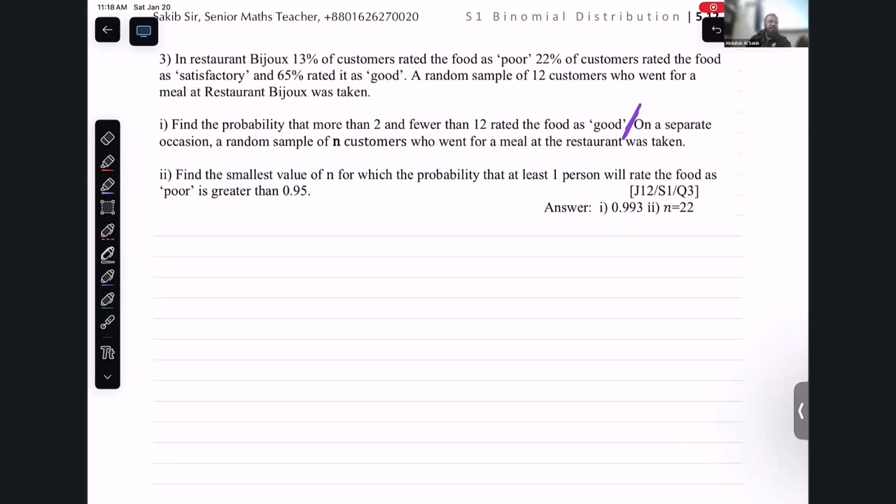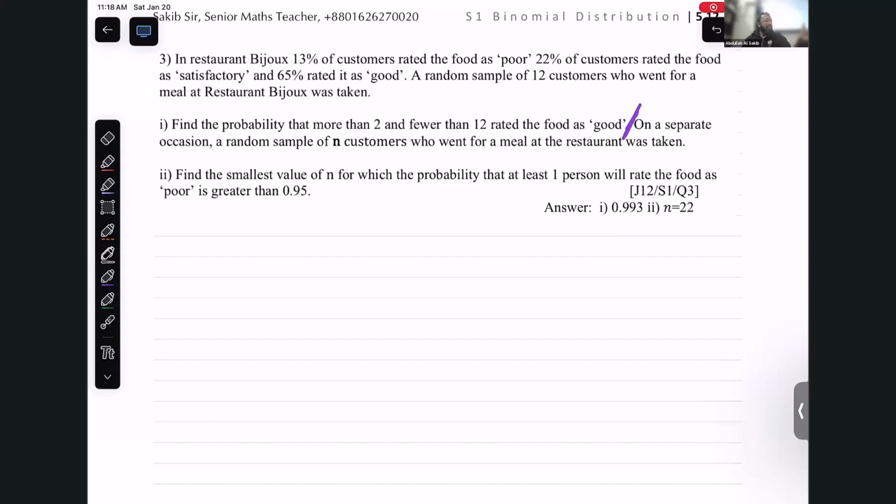More than 2, fewer than 12. What does it mean? X should be more than 2, less than 12. Clear? Rated the food as good. So now, which one is the probability of success here? The food is good.